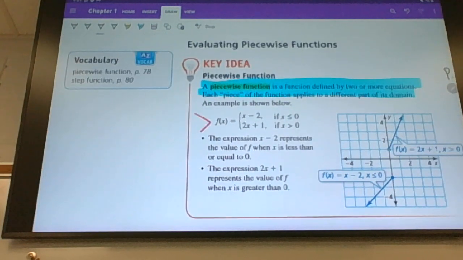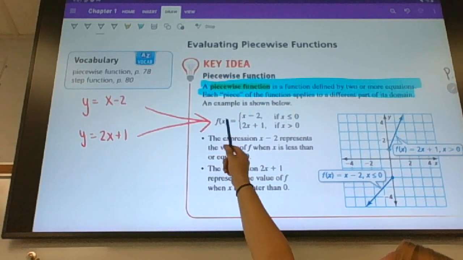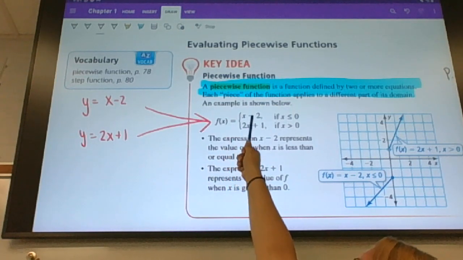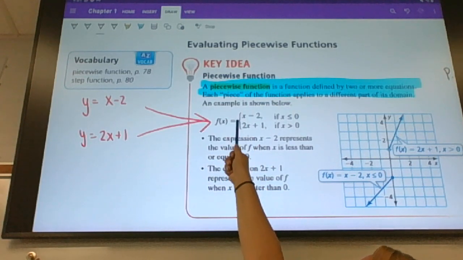Instead of writing the equation twice, they could have said y is x minus 2, y is 2x plus 1. Instead of that, they only write y once. They use the f of x symbol, the equal sign, and then they use this fancy bracket.